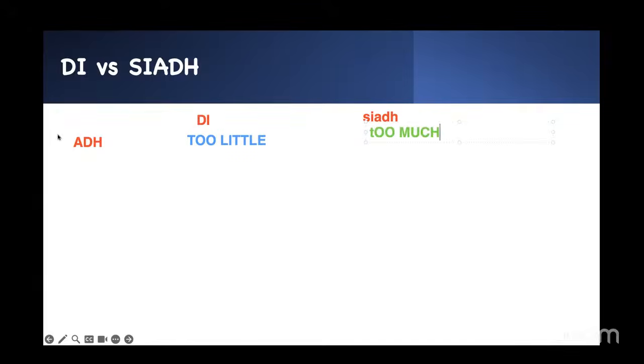Now, what do you think? If we have this situation, what is the water balance issue? This is what your exams will ask you. What is going to happen to the water balance? In DI, we're losing a lot of water. What do you think about SIADH?